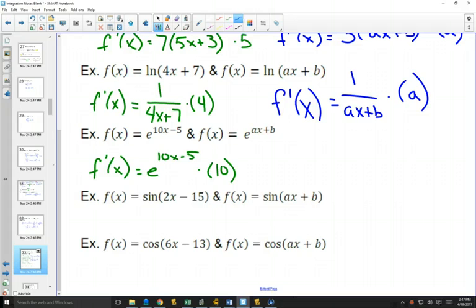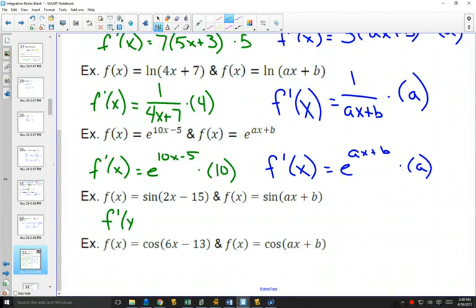Well, the general form then says, if you have ax plus b inside of an e to the x, it stays the same, but the chain rule, you'd have to multiply by a. And the idea of all of this is for us to develop a pattern. Derivative of sine is positive cos. Chain rule would multiply by 2.